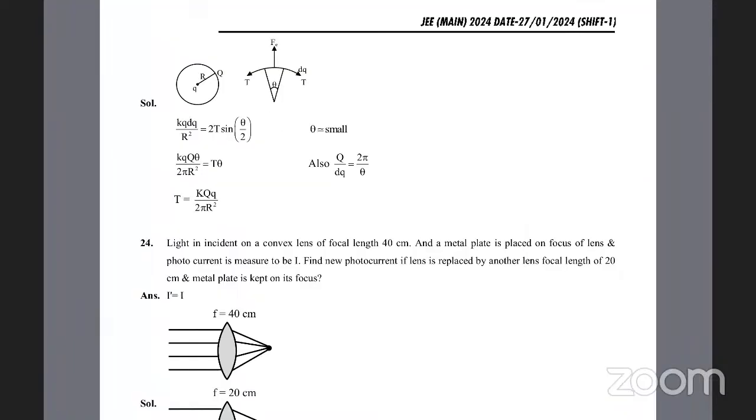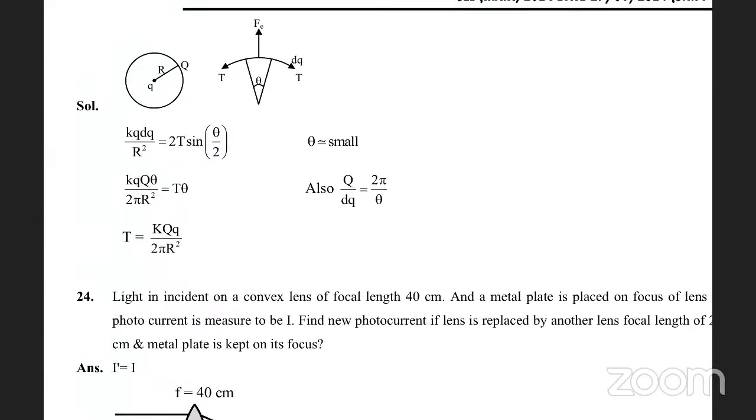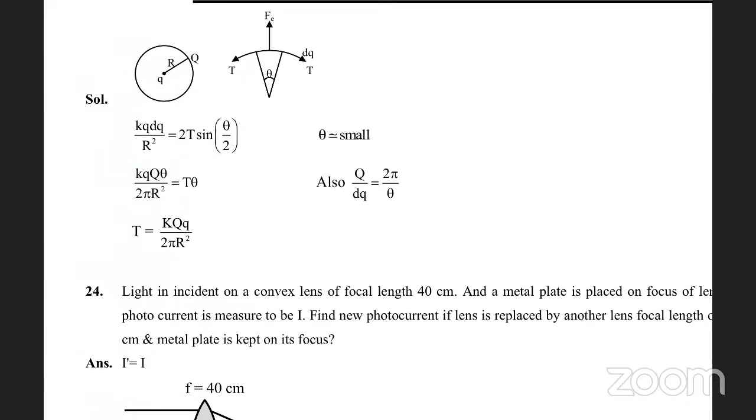If you look at this, this is a charged ring with charge Q. If you take a small element, it subtends an angle theta.